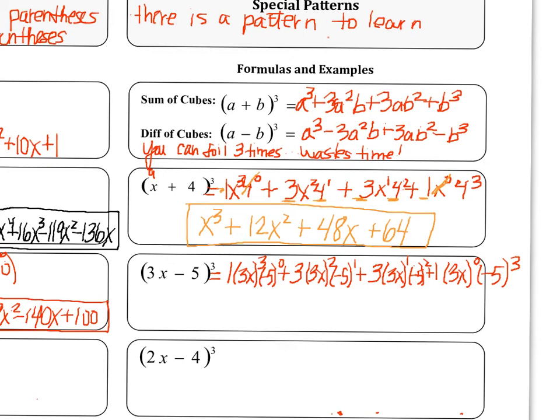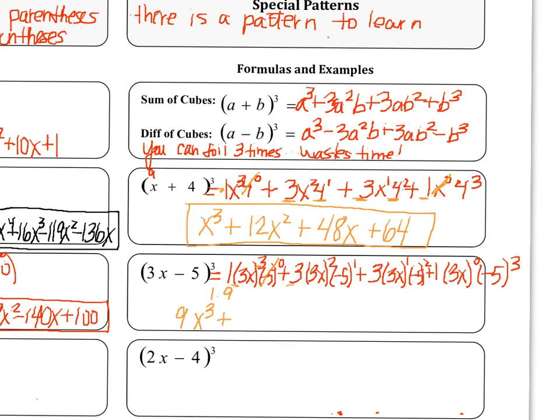So I want to simplify now. To simplify this, I've got 3 to the third, which is 9, times that 1, and negative 5 to the 0th is just 1. So I've got 9, and then I've still got x to the third power, so times x to the third.